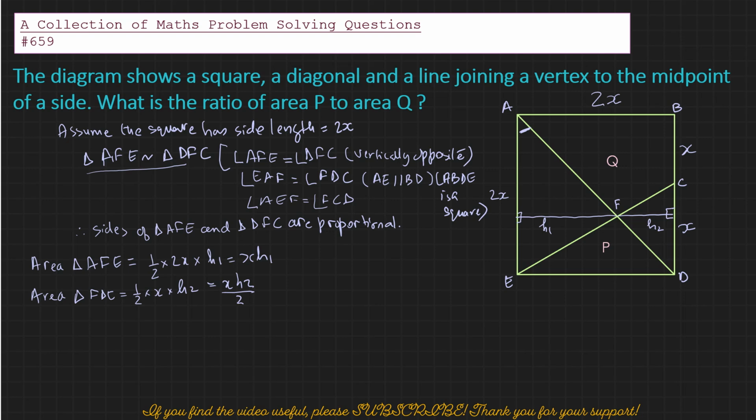Now, because the triangles are similar, the heights are proportional, so h1 out of h2 is proportional to 2x out of x.